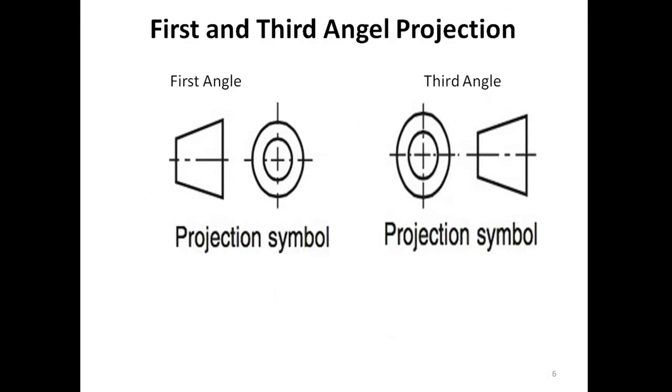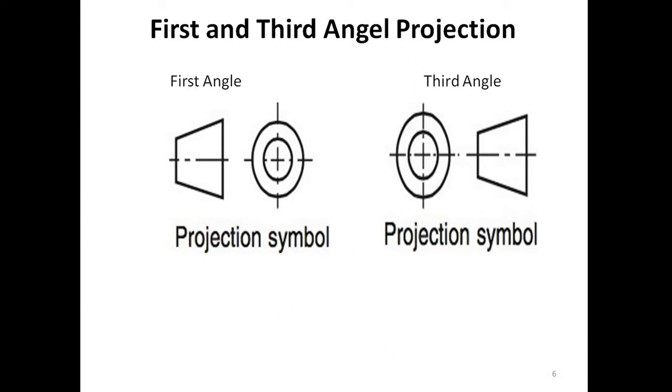And a very important thing, we are going to draw the orthographic views, that is front view, side view and top view. There are various methods of projection, first angle and third angle projection methods. Normally we are using the first angle method, but in some drawings, the third angle method is also used. In the first angle method, the left hand side view is drawn on the right side, the right hand side view is drawn on the left side, the top view is drawn on the bottom side, and the bottom view is drawn on the top side.